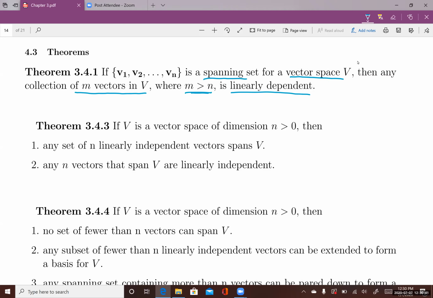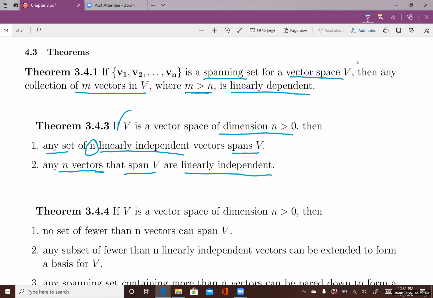If V is a vector space of dimension n, positive, then any set of n linearly independent vectors spans V, and any n vectors that span V are linearly independent.